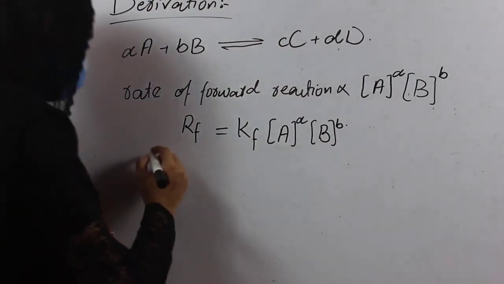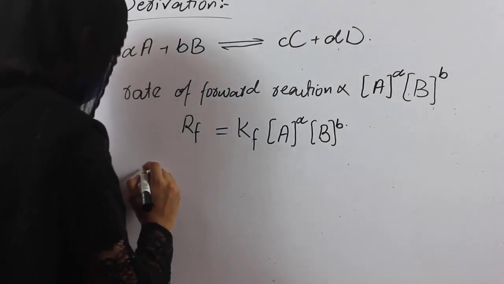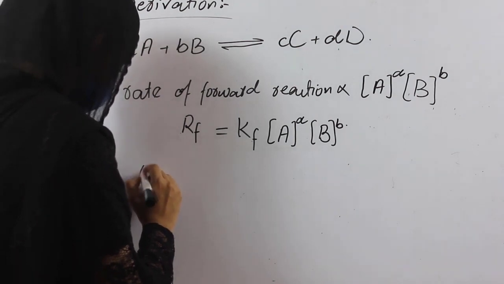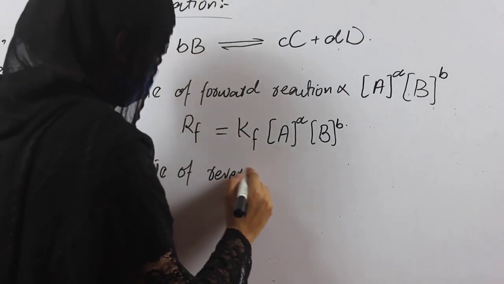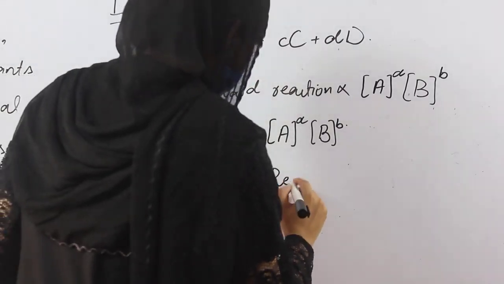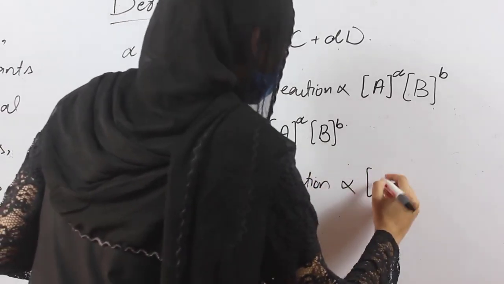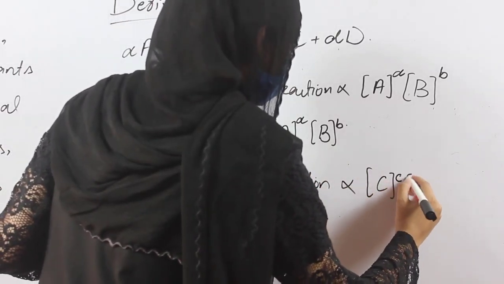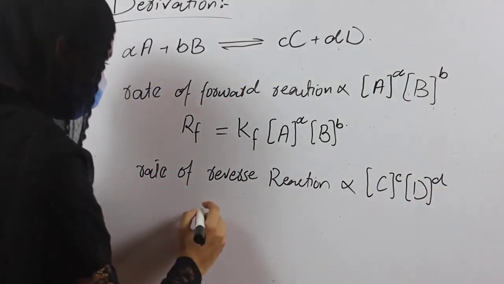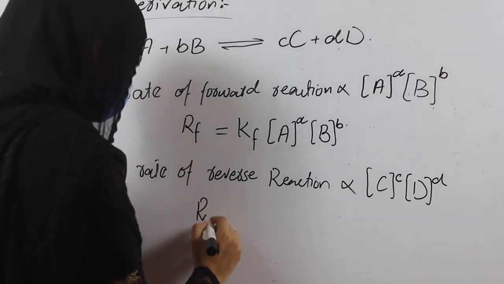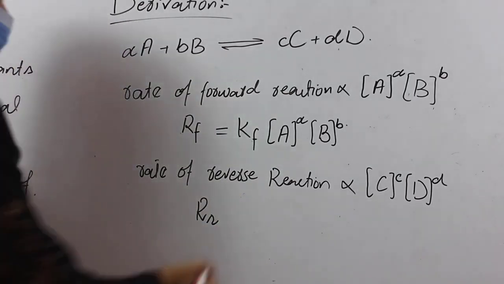Now we are going to calculate the rate of the reverse reaction, sorry, the backward reaction. The rate of the reverse reaction is directly proportional to the active masses of the products raised to their number of moles. In place of the rate of the reverse reaction we write RR, that is the representation of the rate of the reverse reaction.